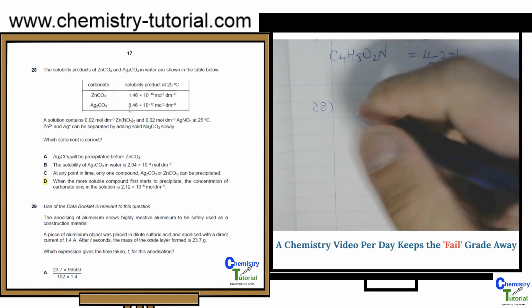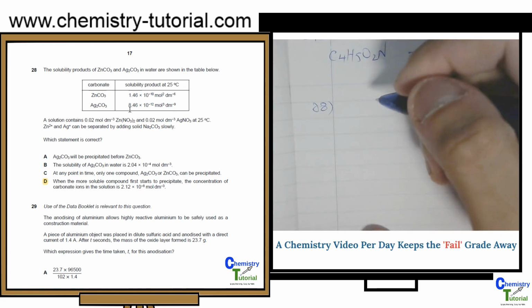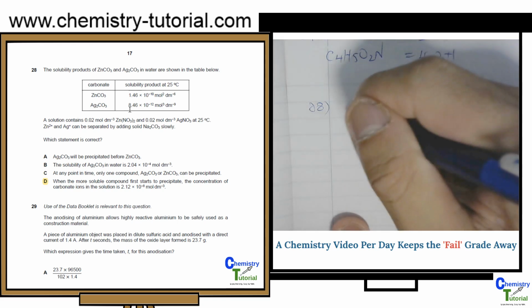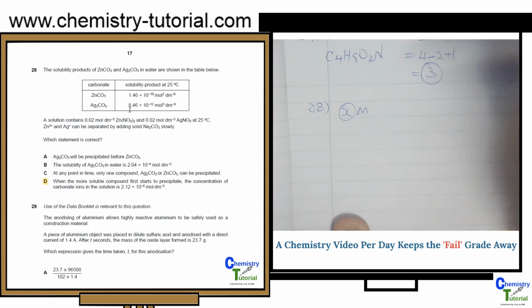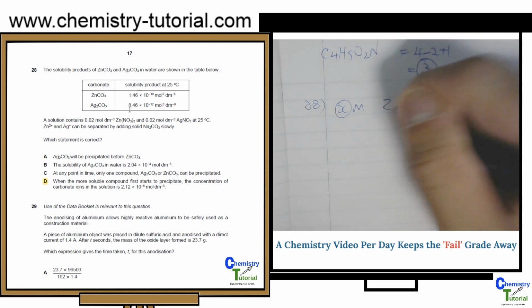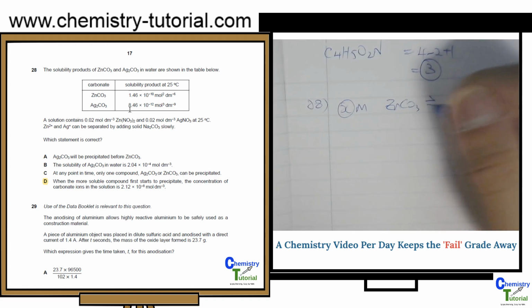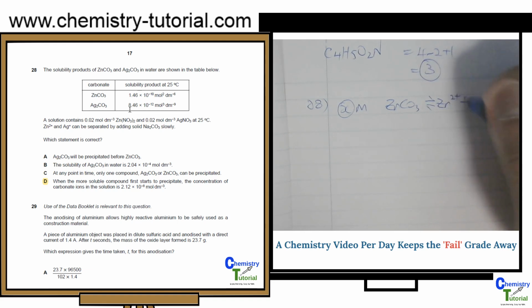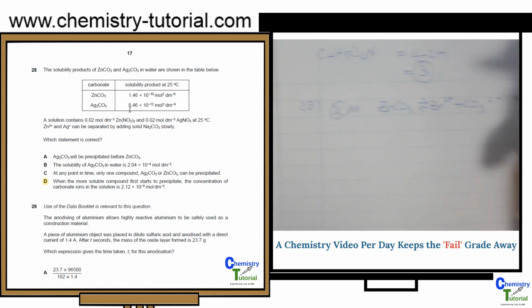How do we do that? Well, we can say let the solubility of zinc carbonate be X moles per dm cube. The unit of solubility is the same as that of concentration. So let me just write this out. Zinc carbonate gives you zinc 2 plus and carbonate ion.